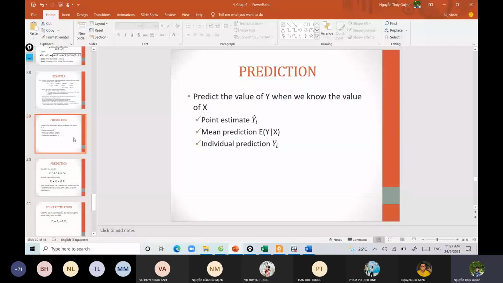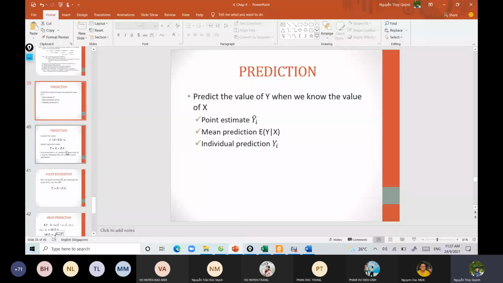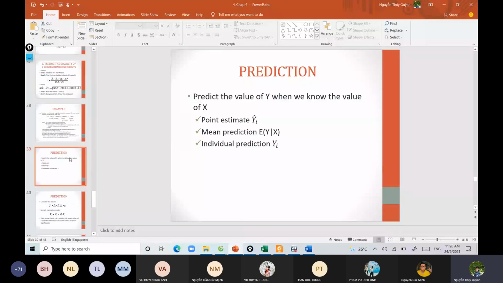We will talk about it in the next lecture. Today we studied the multiple linear restriction test and the test of a linear combination of the regression coefficients.